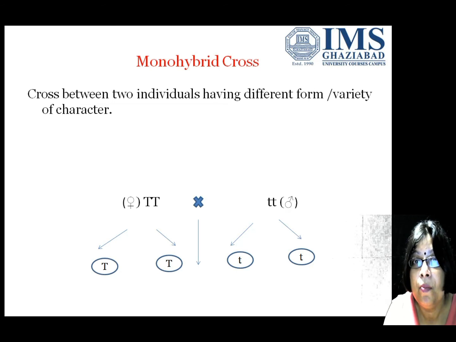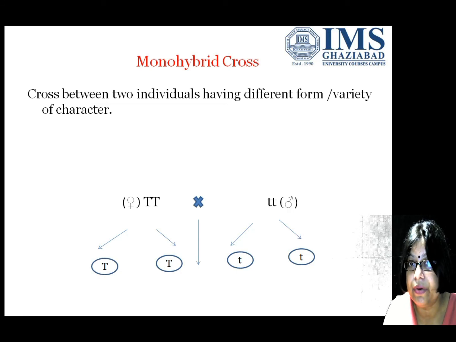In this cross, the individual we get in the F1 generation has the combination of a single characteristic which varies in two different forms. So this is called a monohybrid cross.